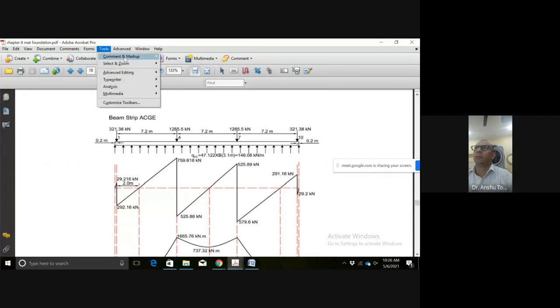So we can see that these are the modified ultimate loads in kilonewton on the column numbers 1, 4, 7, and 10. This is step number 6 in this design of raft, after calculating the Q ultimate values for all the strips.